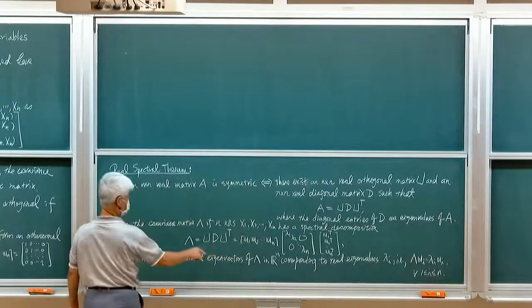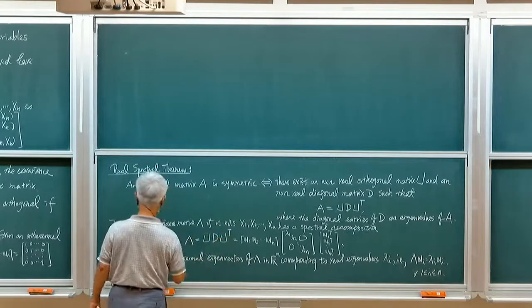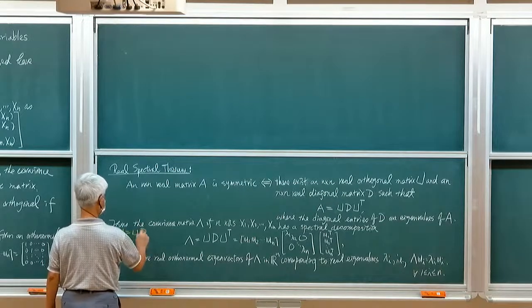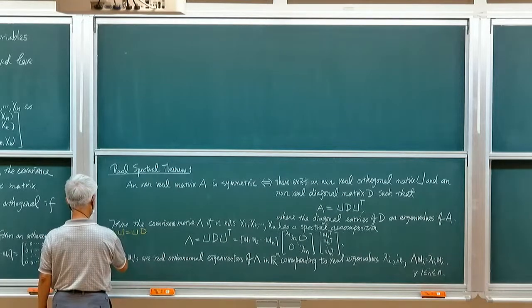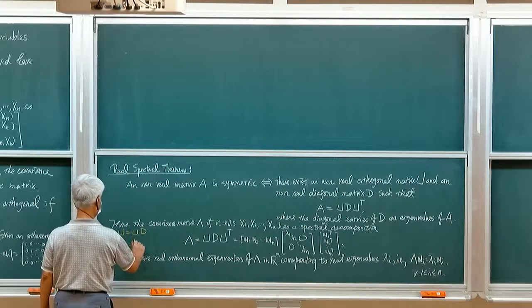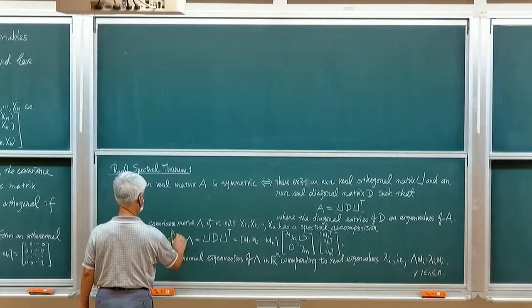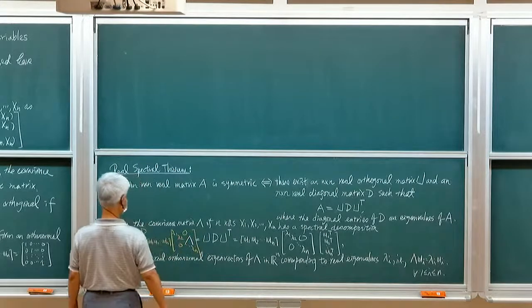If you multiply U from the left-hand side on both sides, we know Lambda U becomes U D. So we have Lambda times u1, u2, up to un, and U D is u1, u2 up to un times the diagonal matrix lambda 1, lambda 2, lambda n, with zeros elsewhere.